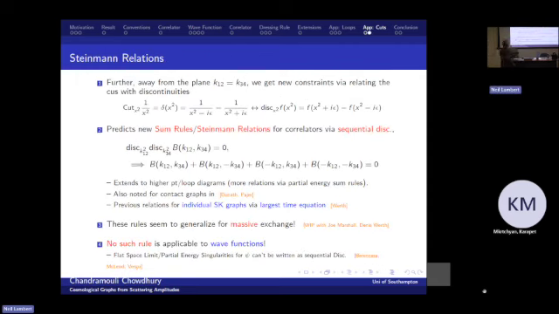Excellent. And then you can get further relations once you start relating a cut to a discontinuity. So for instance, one particular relation which I like very much is to say that if you start relating these cuts to discontinuities, where by discontinuity I simply mean stuff like this, you end up getting very non-trivial consistency conditions between these, or for these correlation functions.